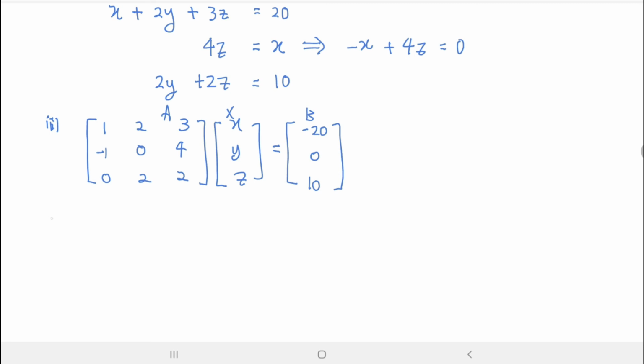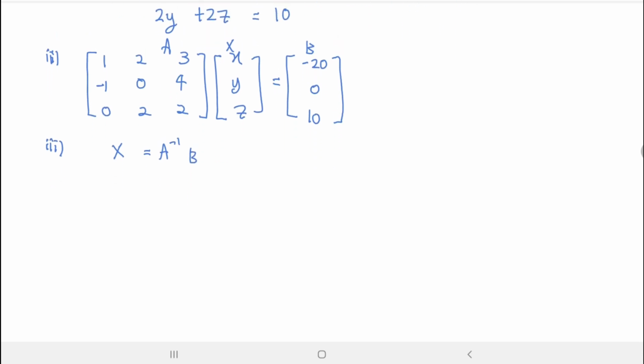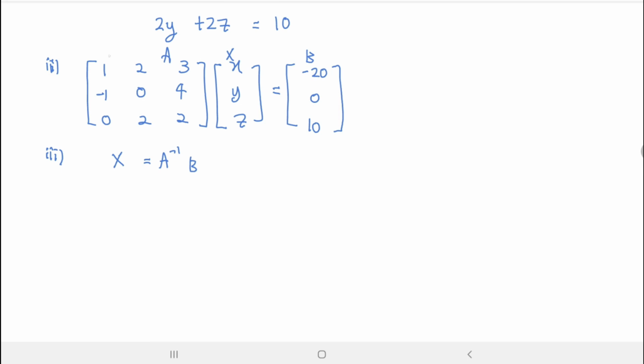And for part 3, since x is equal to A inverse B, by using the adjoint method, you have found already the inverse of this matrix in part A. So you just take the answer A inverse: 4 over 5, negative 1 over 5, negative 4 over 5.